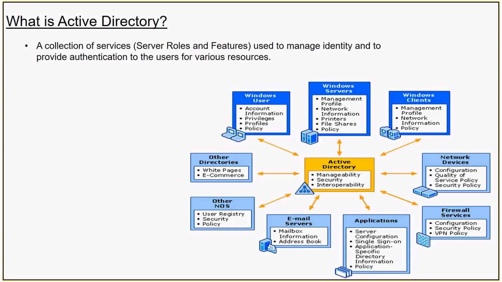Hence, we call it a collection of services. And these services may be roles or may be features. Roles are basically the bigger services and features are added functionalities to the roles. So this Active Directory is a collection of various services known as roles and features.